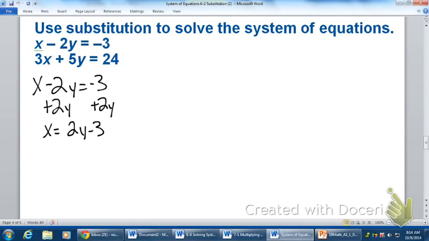I am going to substitute my 2y minus 3 in for what? X. So I'm going to substitute what I have found in for x.